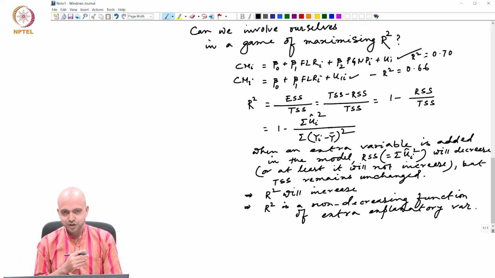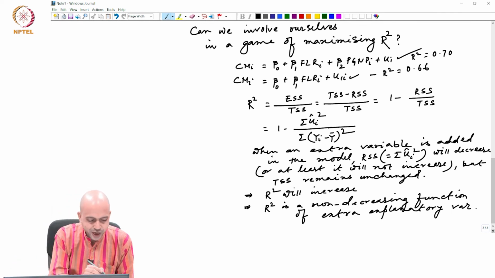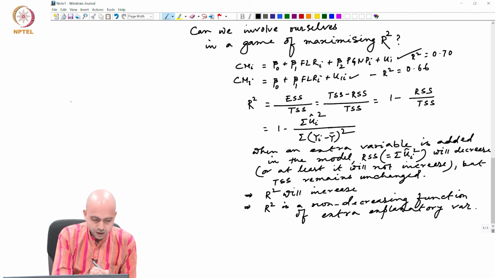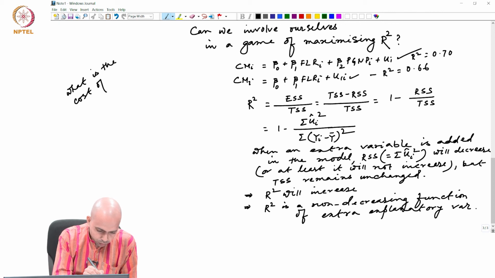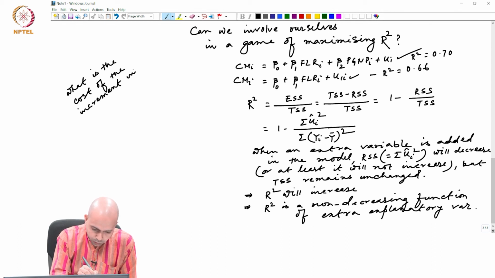The question that we would like to answer here is: what is the cost of the increment in R square?